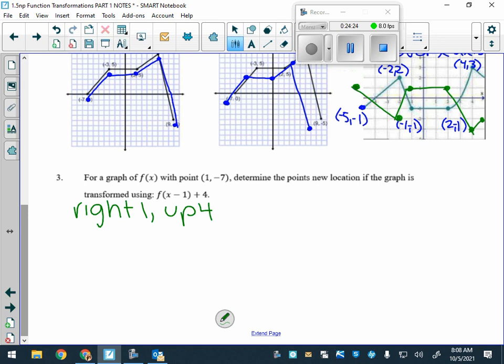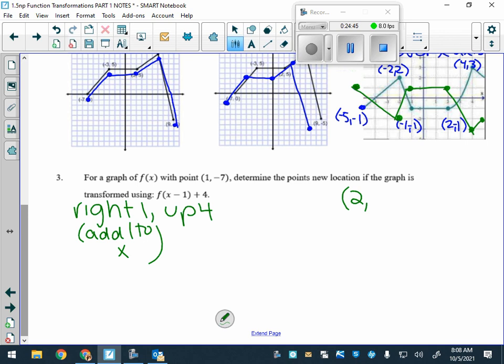What operation? If your x is changing and you're moving to the right, what are you doing? Yep. Addition. So you would add 1 to x. So my new x value is what? 2. Okay.